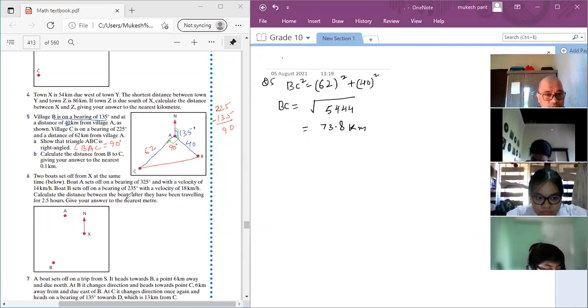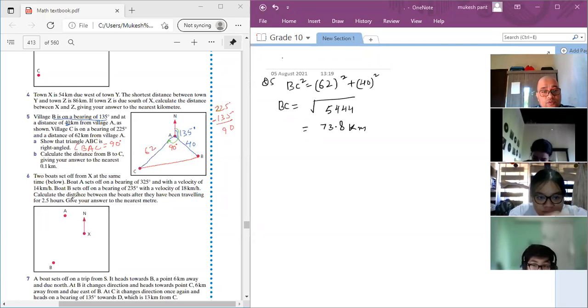Calculate the distance between the boats after they have been traveling for 2.5 hours. Give your answer to the nearest meter. You can see the locations of A and B, and north is given. On this basis, with the data we have, we have to find the distance between A and B after 2.5 hours.